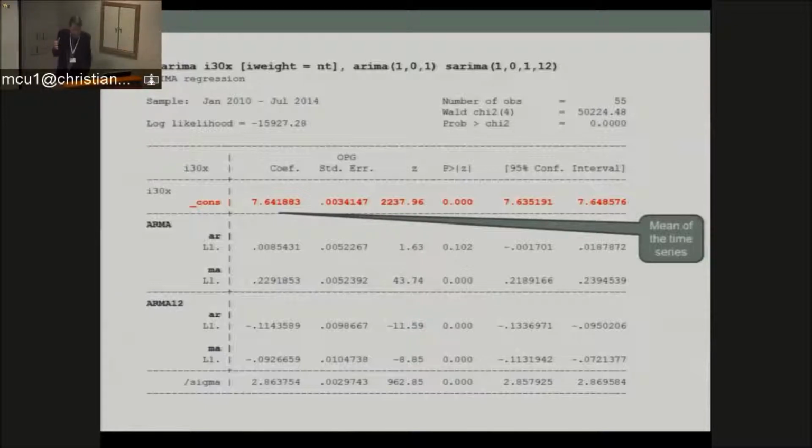So now my question is, okay, is that the best model? Are there other models that might do just as well? That's one of the things I like about time series. You can pick your models.